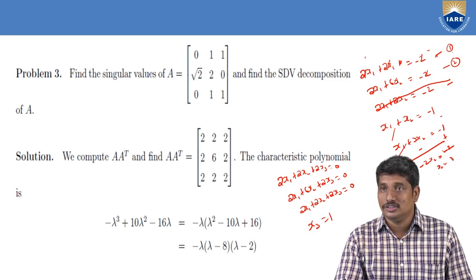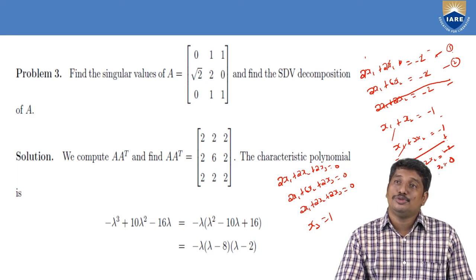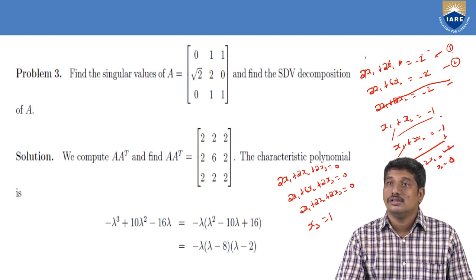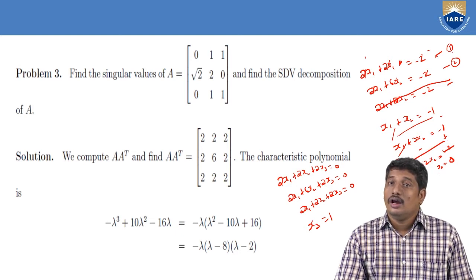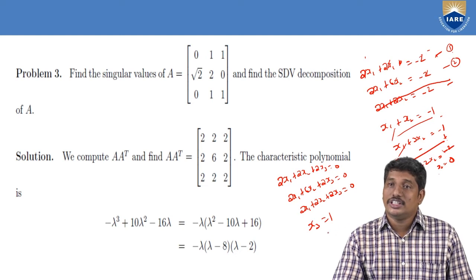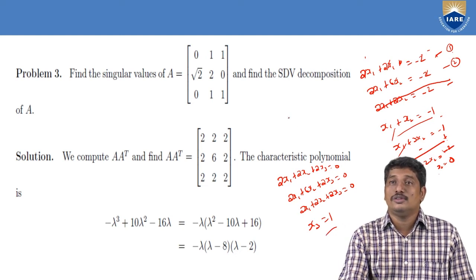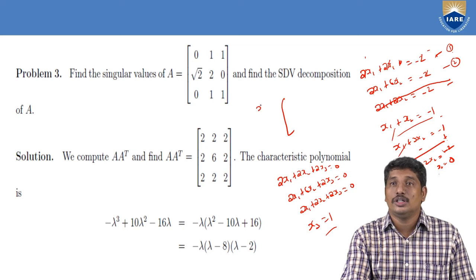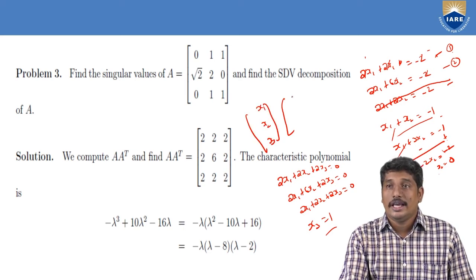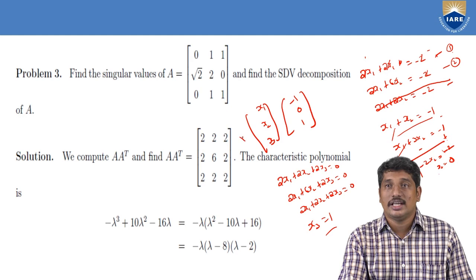Hence x2 is 0. And by substituting x2 in this equation, we get x1 is equal to minus 1. Already we have chosen x3 as 1. So what is the vector we got? x1 is minus 1, x2 is 0, x3 is 1. Let us call this x.